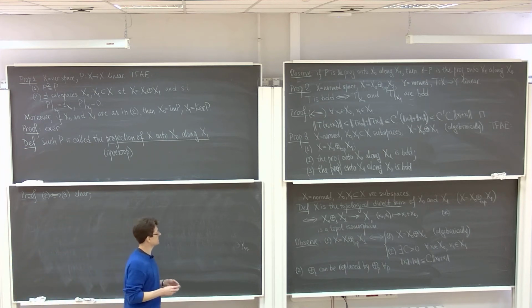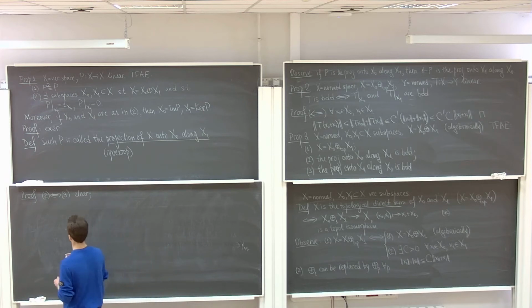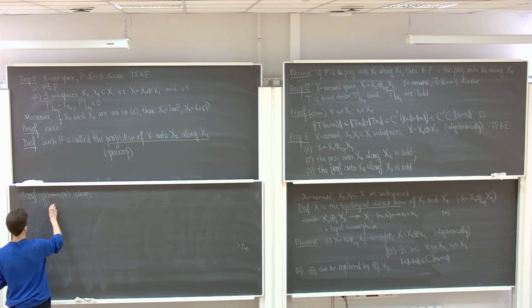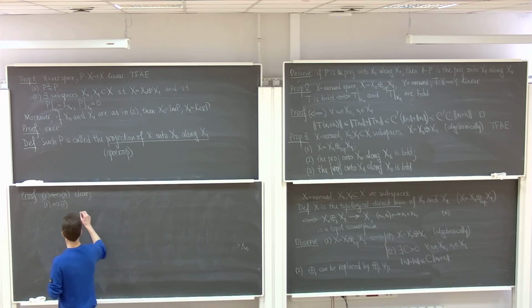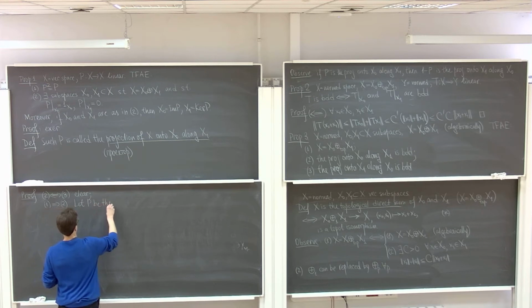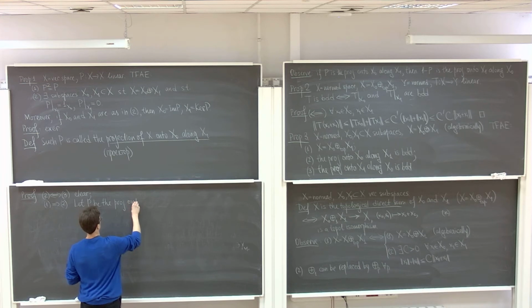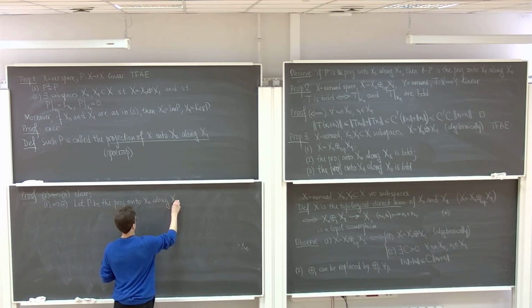Let's now show that, for example, 1 implies 2. So suppose that X is the topological direct sum. I have to show that the projection P, so let P be the projection onto X0 along X1, is bounded.